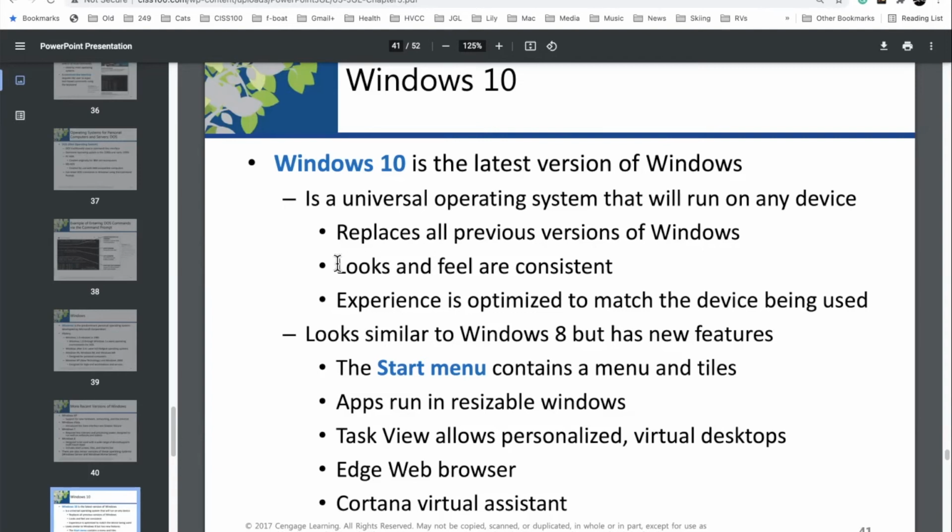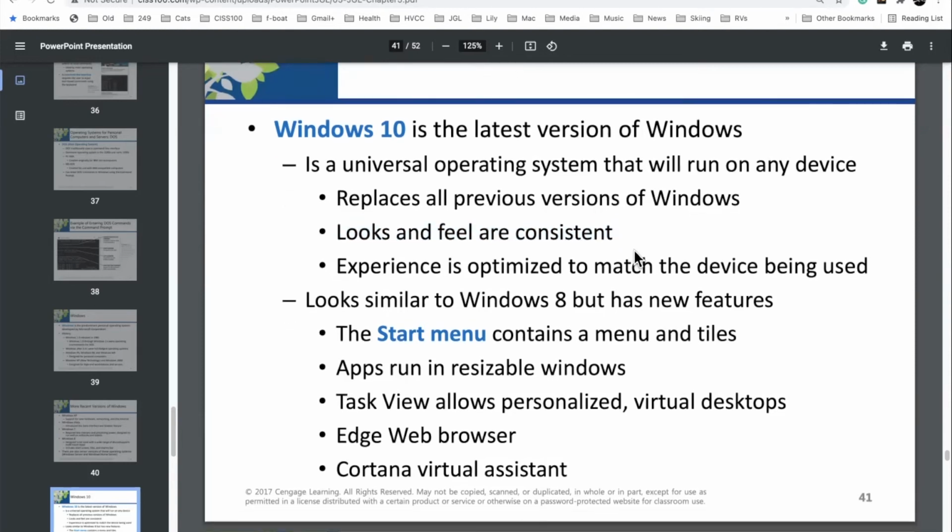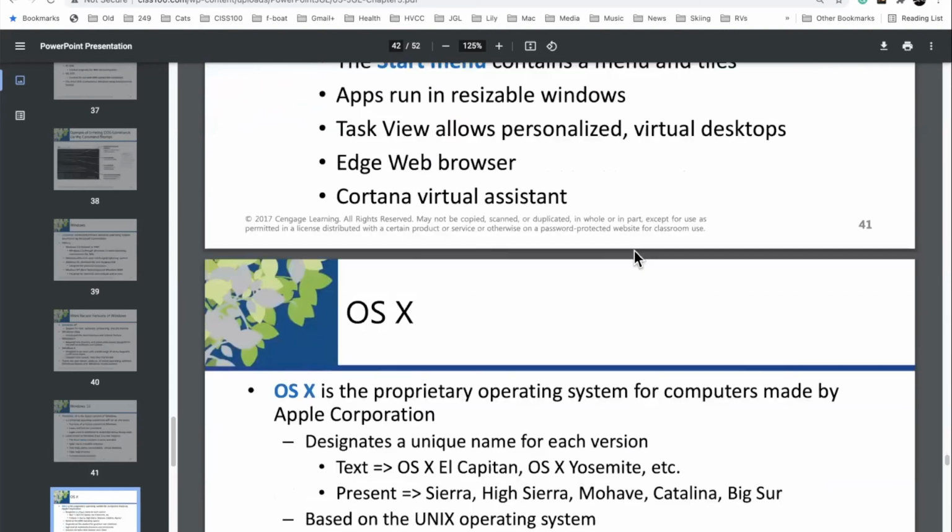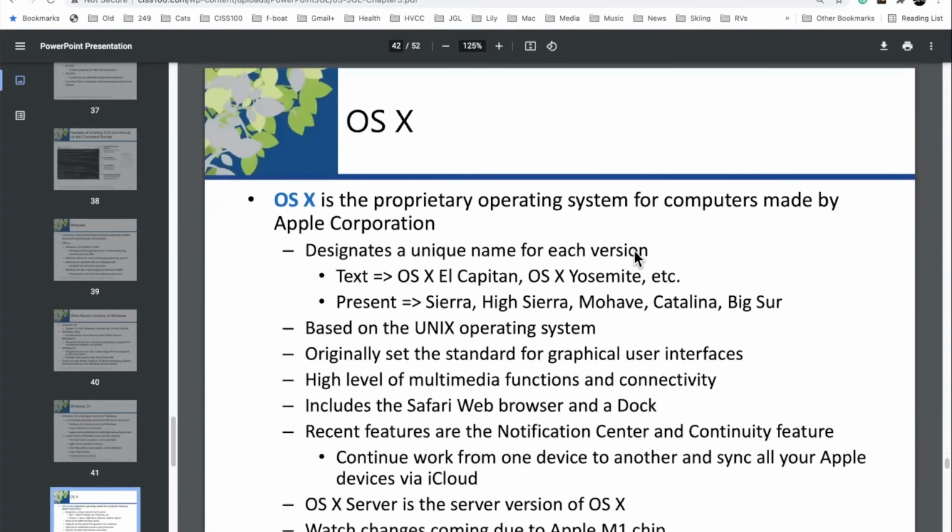Now Windows is trying to copy this, and moving forward, maintain a consistent look and feel. It's kind of interesting that Mac has been doing this for quite some time. Linux, by the way, as I look at the different distributions or versions of Ubuntu, I notice considerable changes sometimes in the desktop of the various Ubuntu versions.